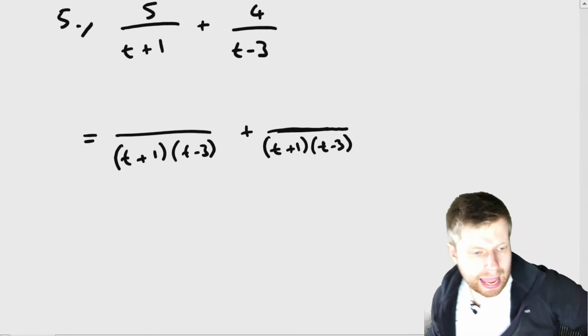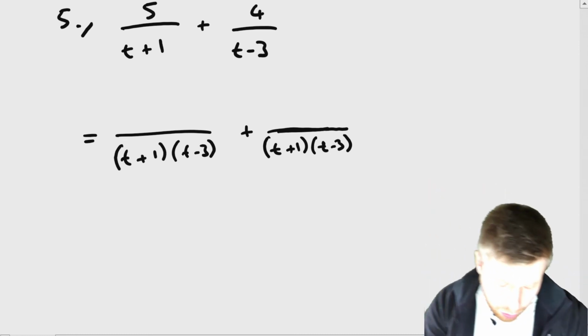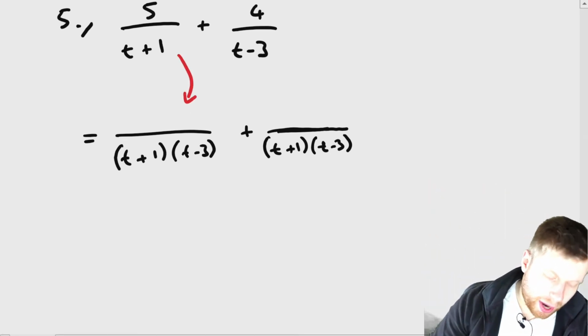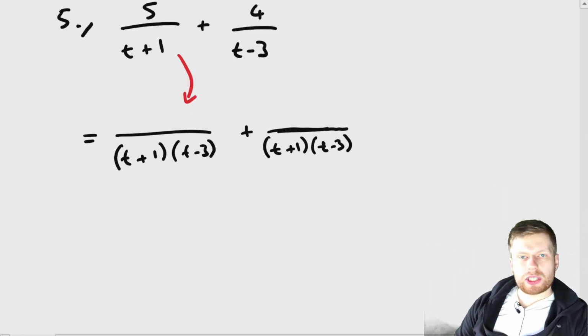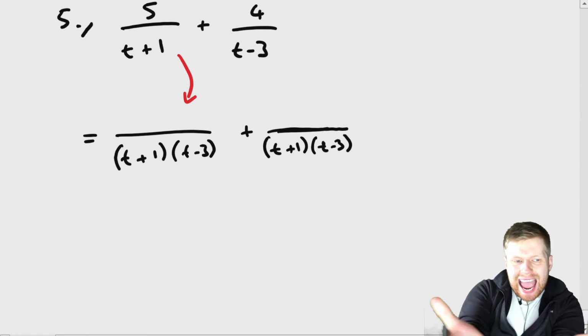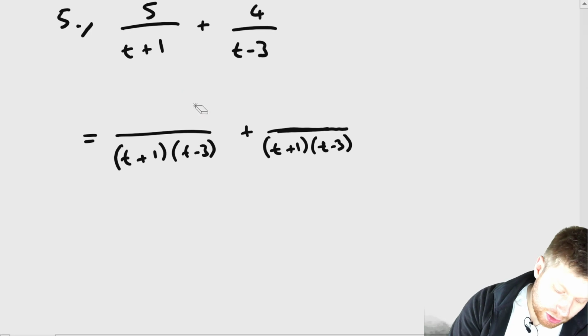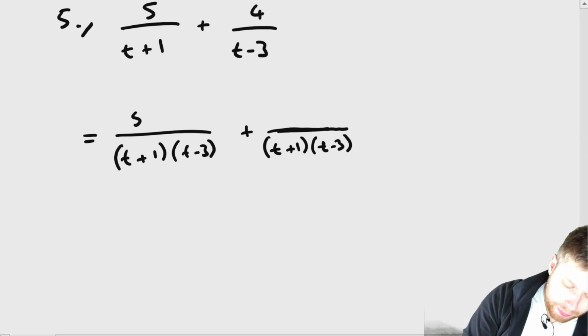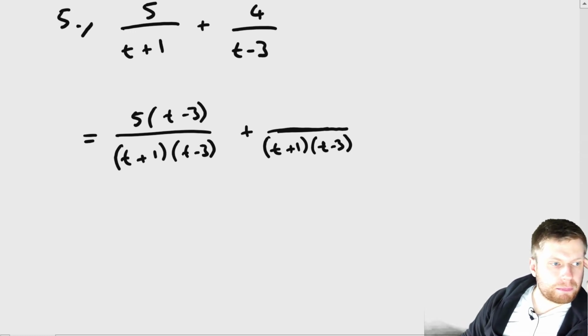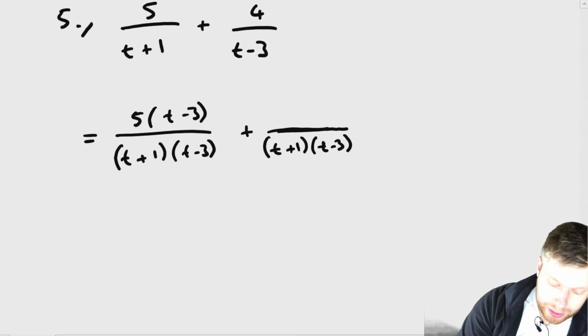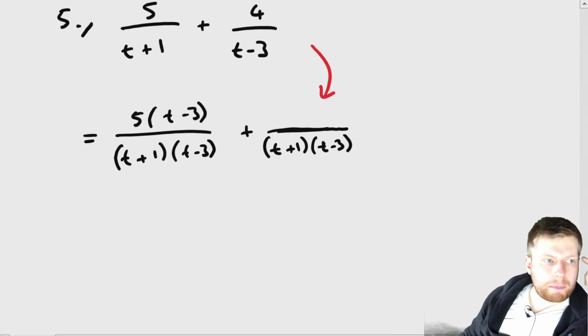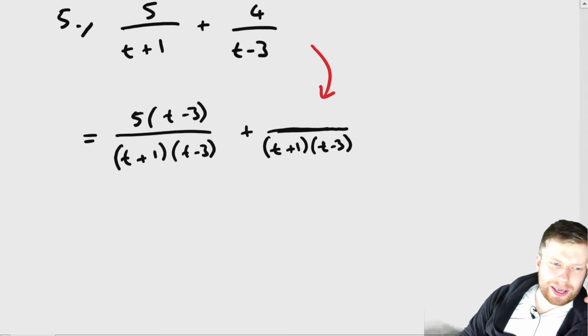Now, all I need to do is think, what have I multiplied this first fraction by in order to get t plus 1 times t minus 3 on the denominator? The clue's right in front of you. I've multiplied by t minus 3. So I have 5, and I'm going to multiply that by t minus 3. Same thing with the second fraction. What have I multiplied by to get t plus 1 times t minus 3 on the denominator?